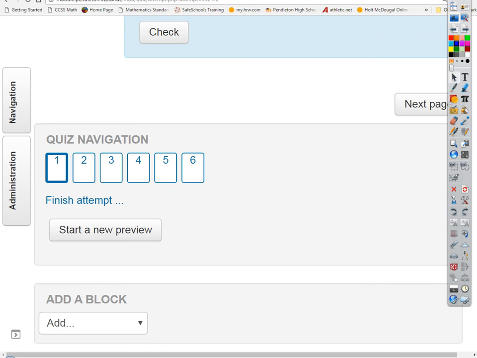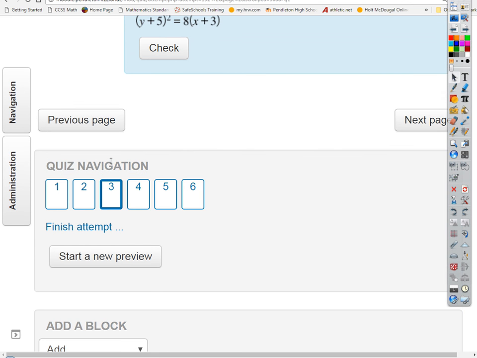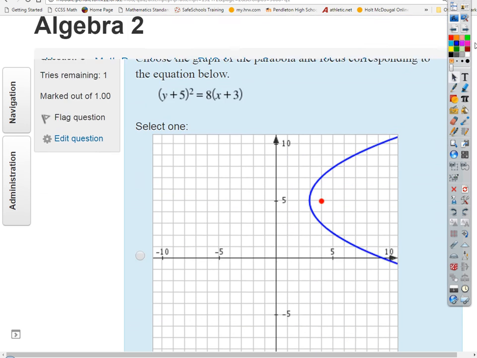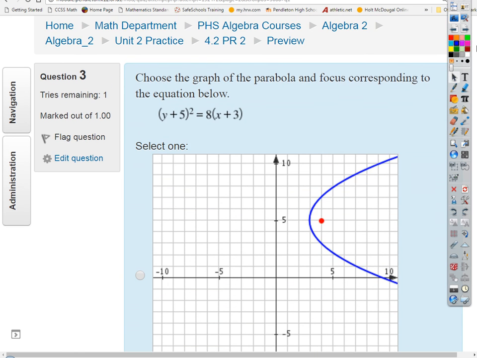How about here? Okay, same kind of problem. Opening horizontally or vertically? Horizontally, okay. What's the value of h? -3, everybody agree? Because that's an x minus -3, right?